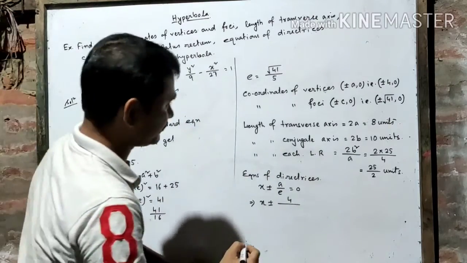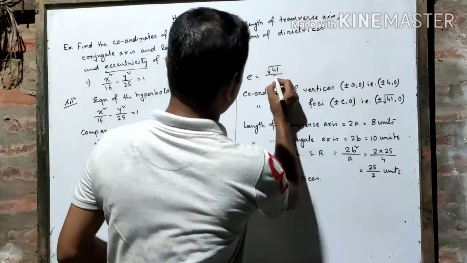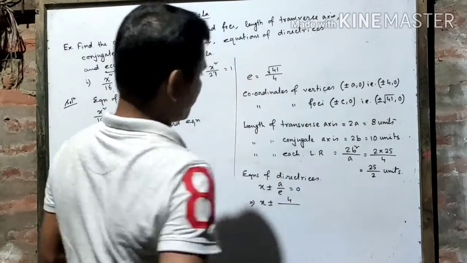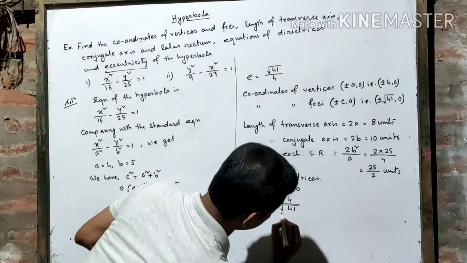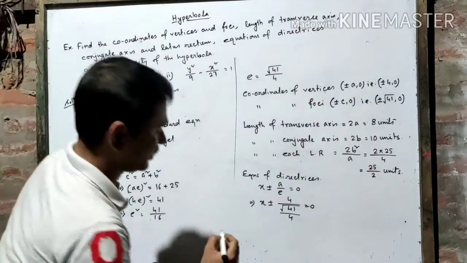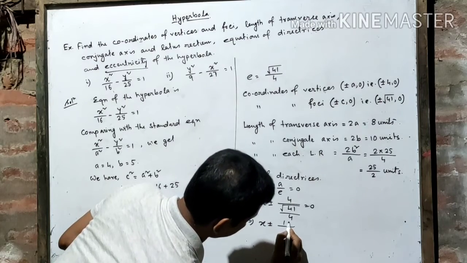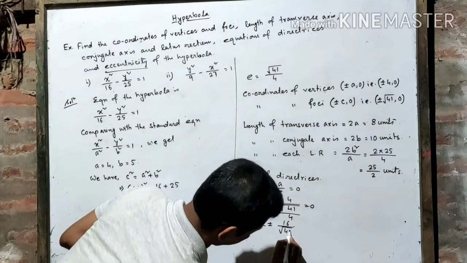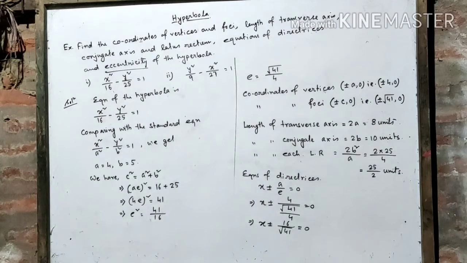What is our e? e is root 41 by 4, is equal to 0. Okay. This implies x plus minus 16 by root 41 is equal to 0. So we have found all the informations.